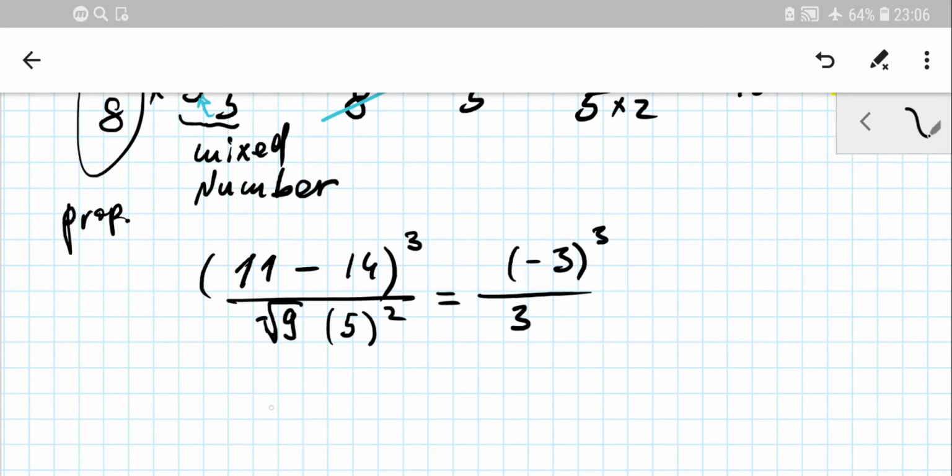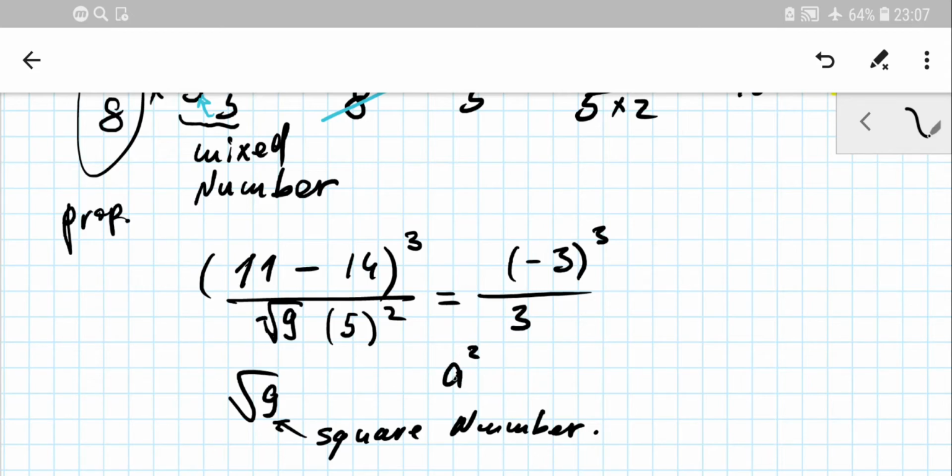So just bear in mind that the square root of a square number is the same as simply guessing the number whose square is under the root expression. So in this case, it's 9.